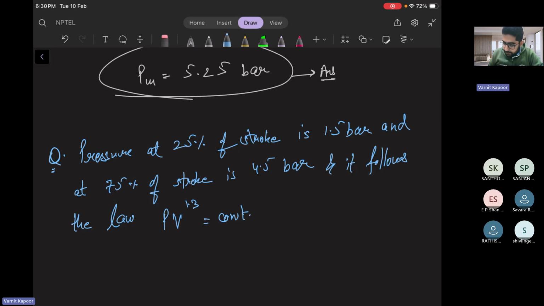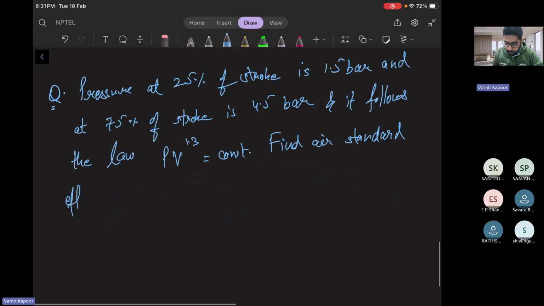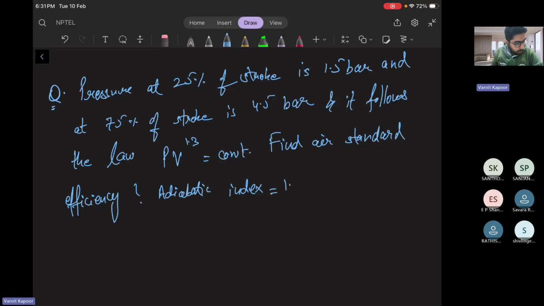Find the air standard efficiency, where the adiabatic index is given as 1.4. Note that nothing is given to calculate the Otto efficiency. We have not mentioned that here. You have to just find the air standard efficiency.